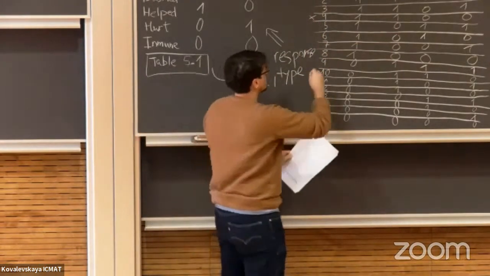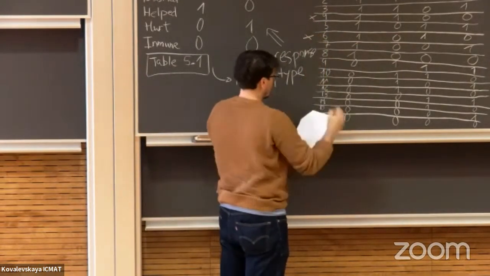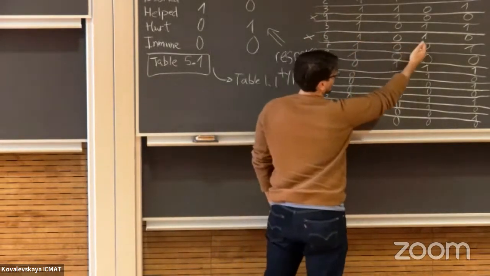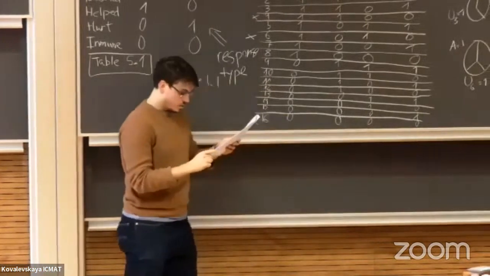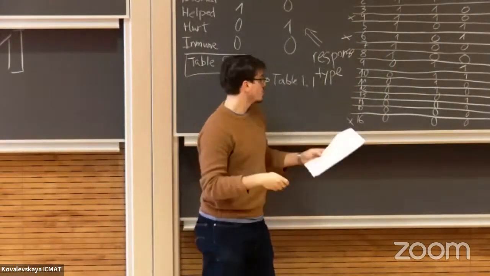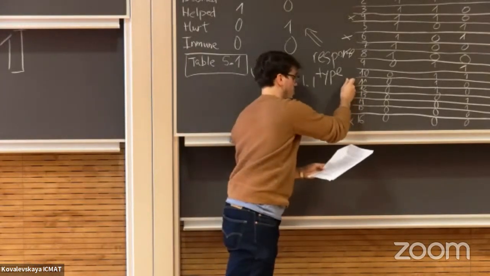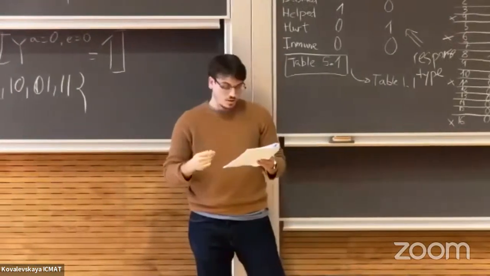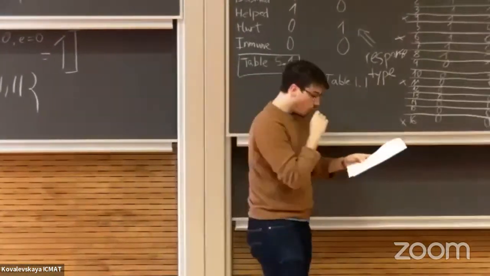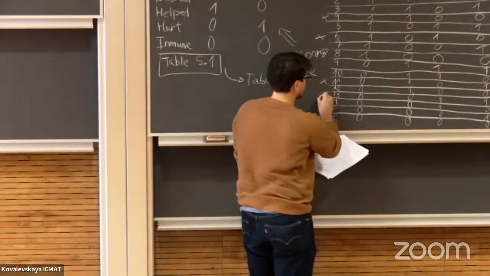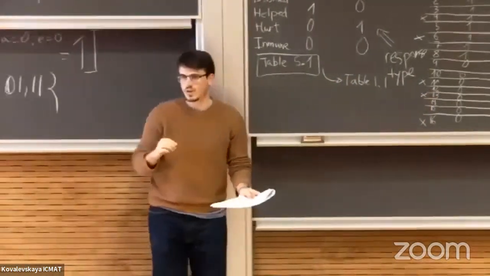And type 6, for example, will only die if treated with a hair transplant. And then we have kind of the opposite. Type 11 will only die if not treated with the hair transplant. And type 13 will only die if treated with vitamins. This is kind of clear.